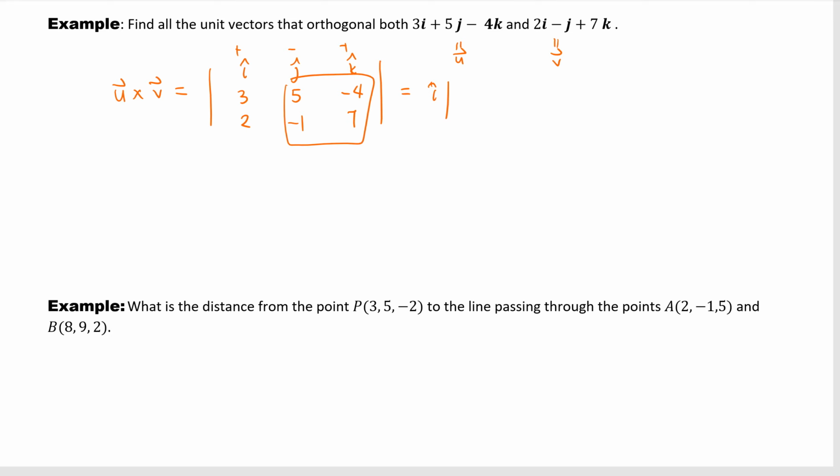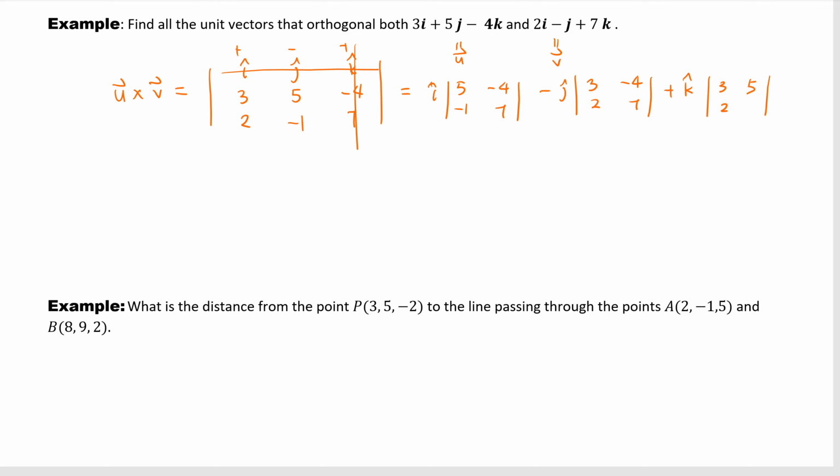So we have this guy, right? 5, minus 1, minus 4, 7, and then we have minus j. And then by deleting the first row and the second column, we have 3, 2, minus 4, 7, and then we have plus k, and then by deleting the first row and the last column, we have the submatrix 3, 2, 5, 1.